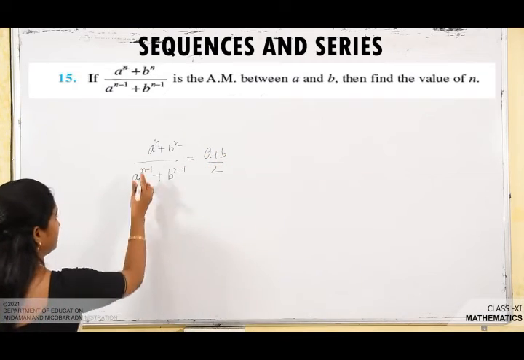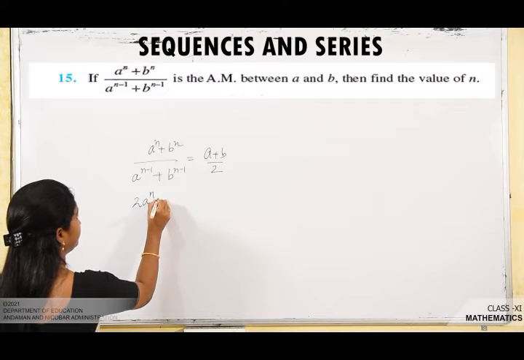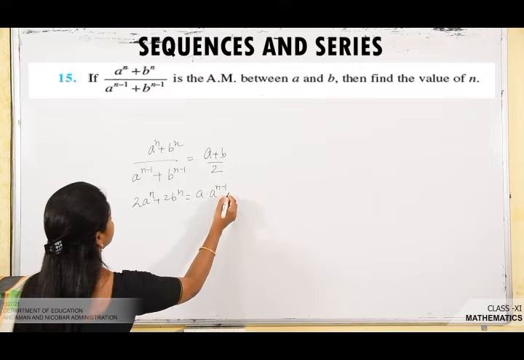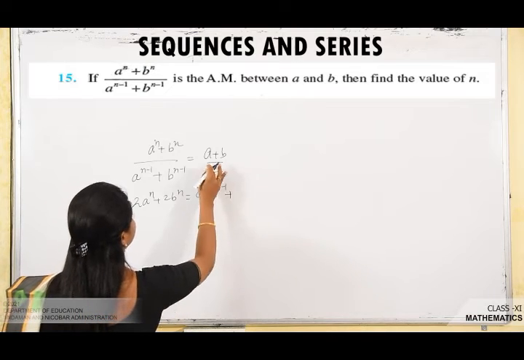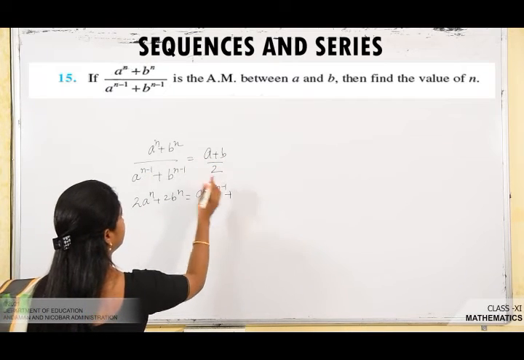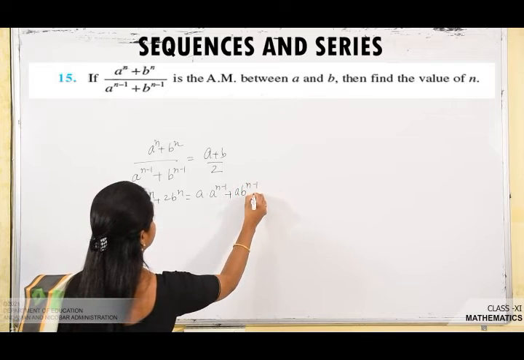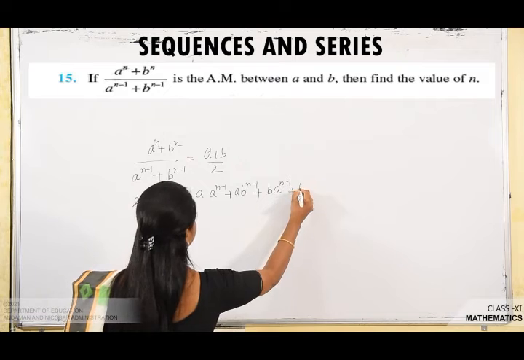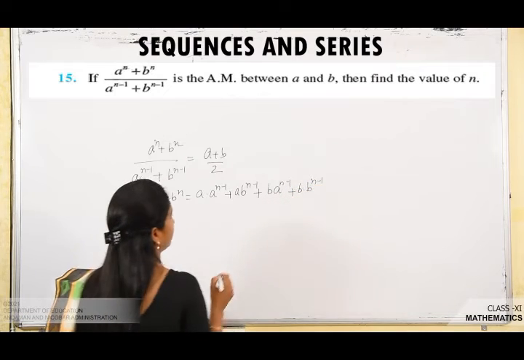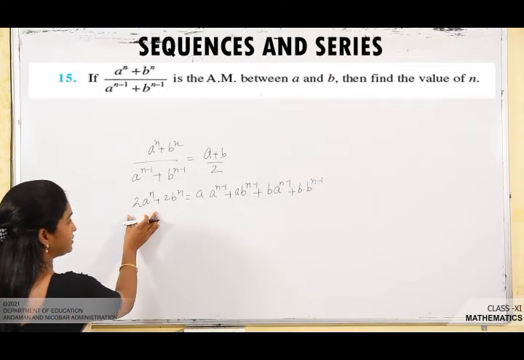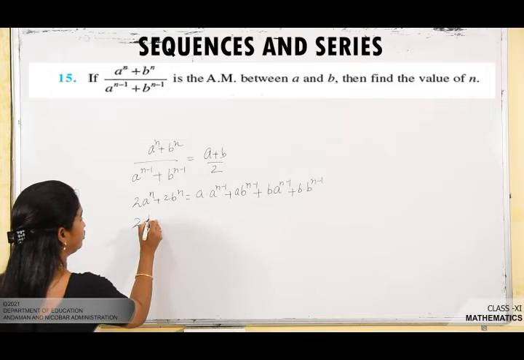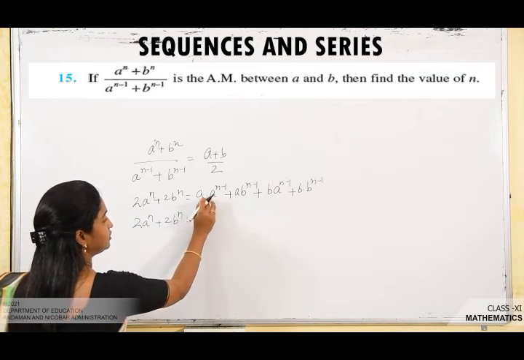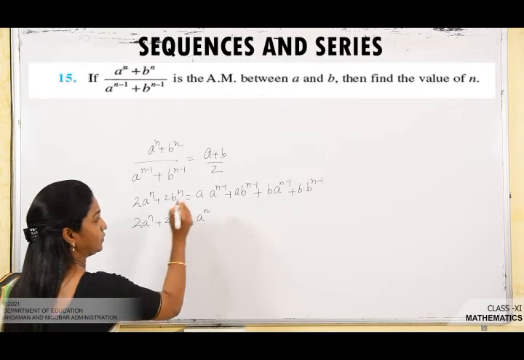When you cross multiply, you are getting 2A to the power N plus 2B to the power N is equal to A into A to the power N minus 1 plus AB to the power N minus 1 plus BA to the power N minus 1 plus B into B to the power N minus 1. Now you can simplify this.